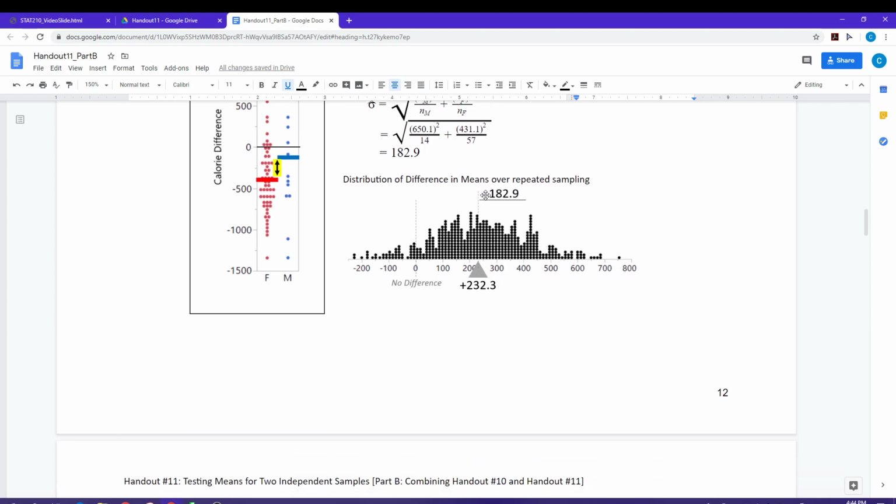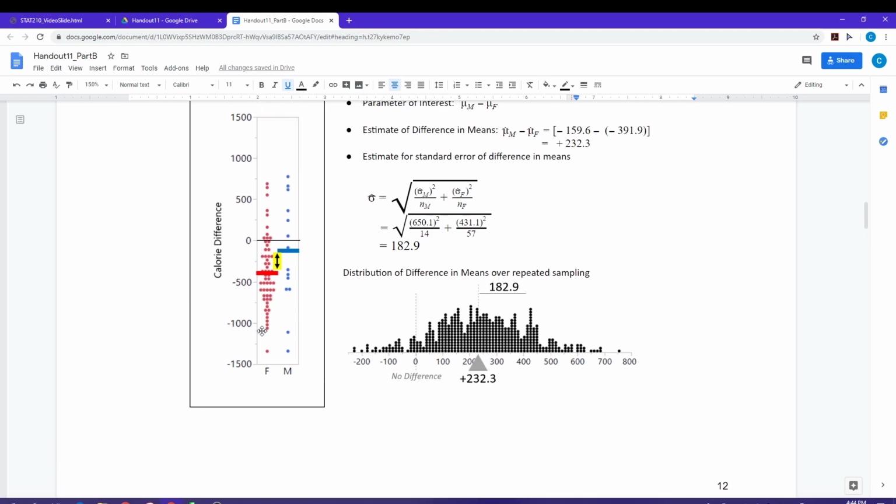That standard deviation is quite large relative to what my mean is, and that is occurring because I have quite a bit of standard deviation in the individual measurements as well. So the standard error of the difference certainly uses the standard deviation in each of these groups. If those quantities are large, which is just the variation within each group, then my standard error for the difference is going to be pretty large.